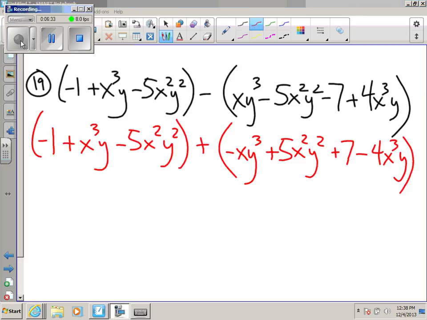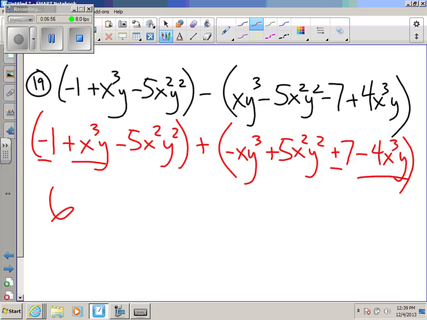I went ahead and switched everything around. Made everything on the inside the additive inverse. So a negative 1 with a positive 7 puts us where? Start off with a 6. Positive x to the third y. Do I have any other x to the third y's?